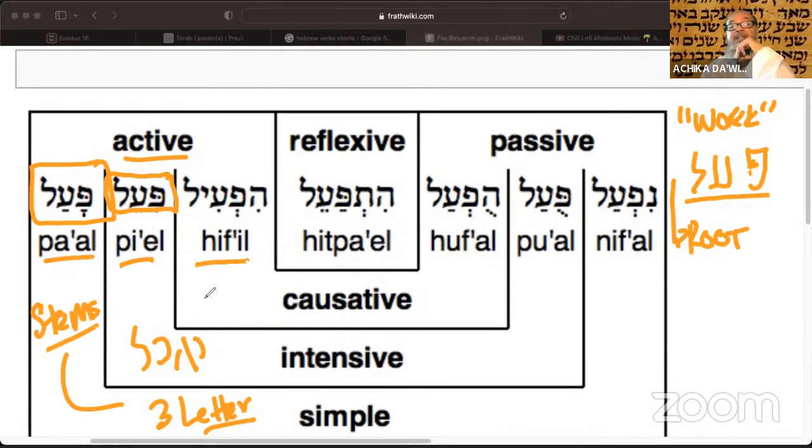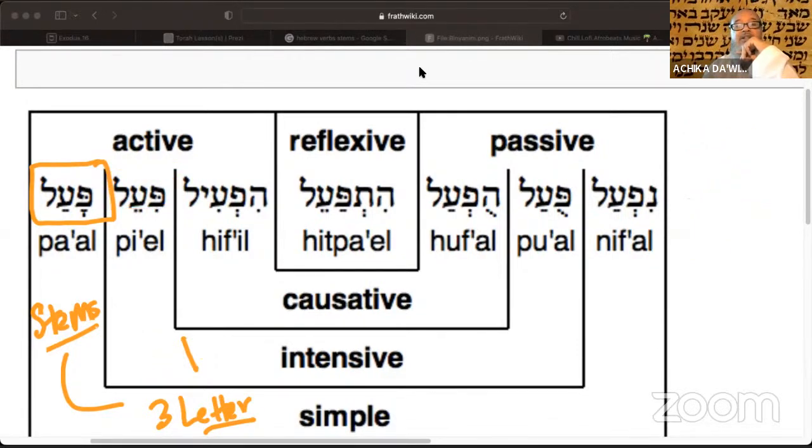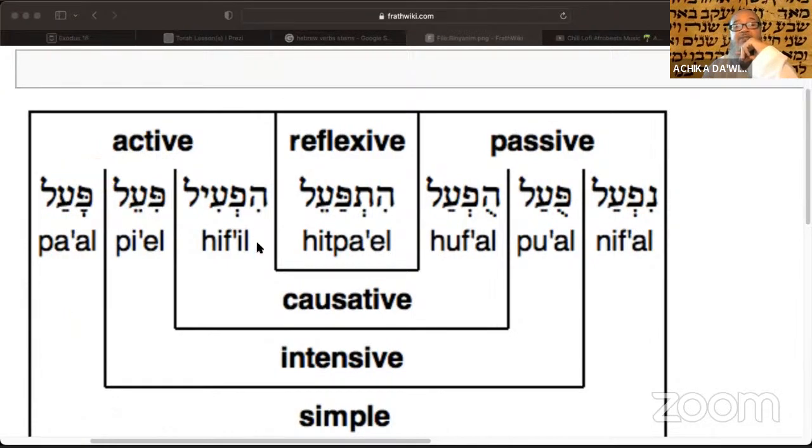Okay. And if it is, then the only thing that's changing is the vowel sounds underneath it, or a letter that's being added to it, like you would see with hif'il. Okay. So let's just take hif'il, for example. That's a causative. So somebody tell me what was added to the pa'al.